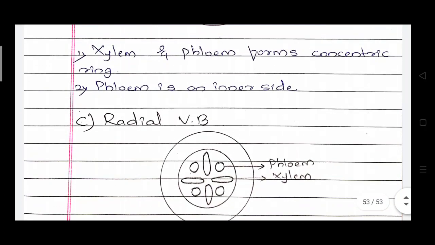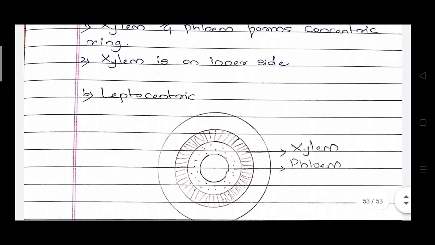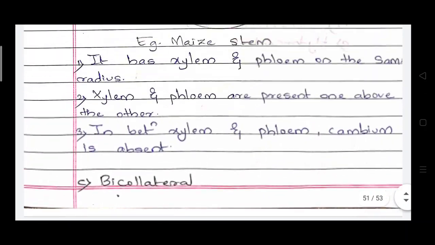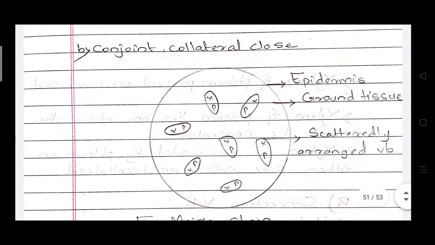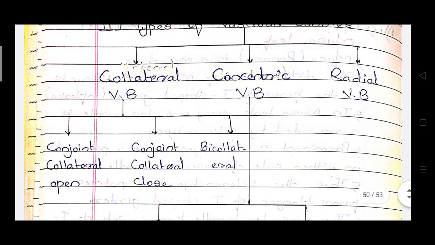So these are the three different types of vascular bundles, present in different types of plants. The main three types are the collateral, the concentric, and the radial.